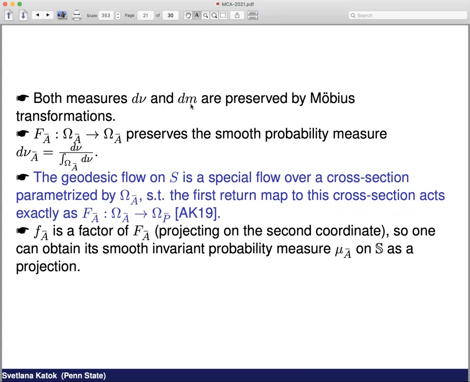Now, both measures d nu and dm are preserved by Möbius transformations, and F_A, which is the natural extension, preserves the smooth probability measure. The geodesic flow is a special flow over a cross-section parameterized by omega A, and the first return to the cross-section corresponds exactly to F_A.